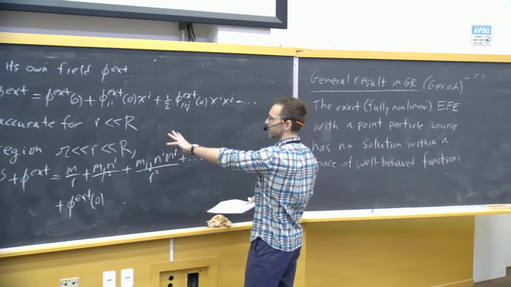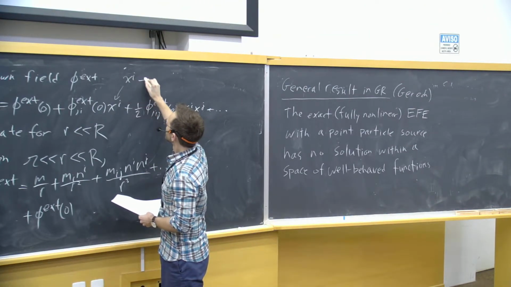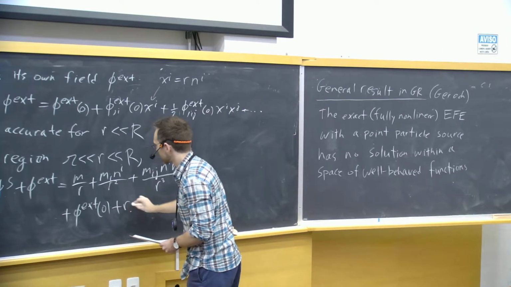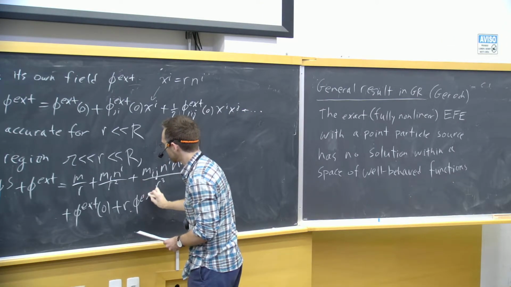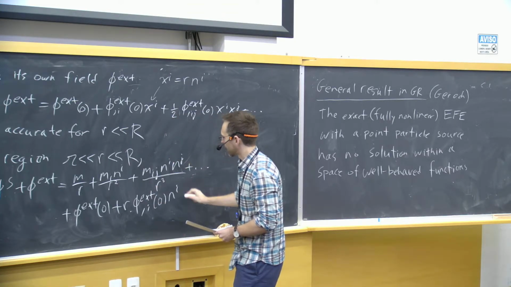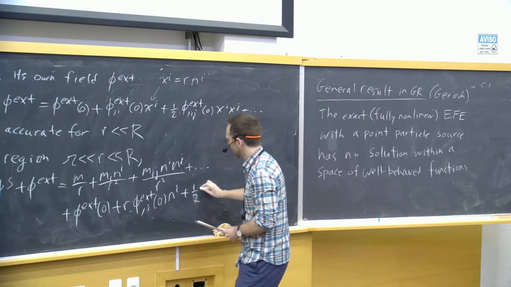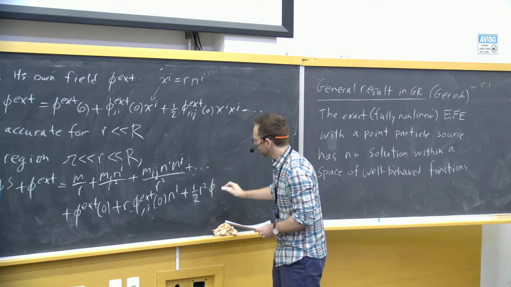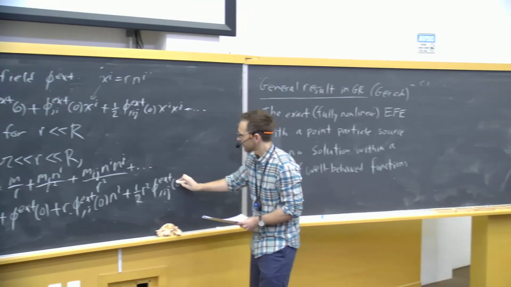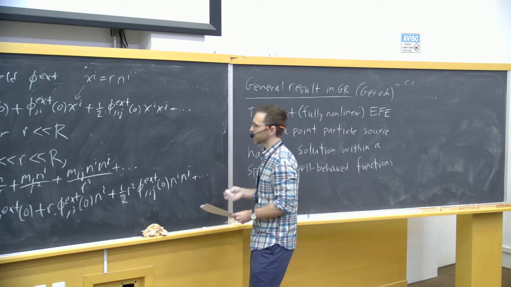And just to make the forms of the two more similar, I'm going to replace x^i with r n^i. So we have plus r phi external, evaluated at 0, times n_i plus 1/2 r squared phi external second derivative, evaluated at 0, n_i n_j, and so forth.